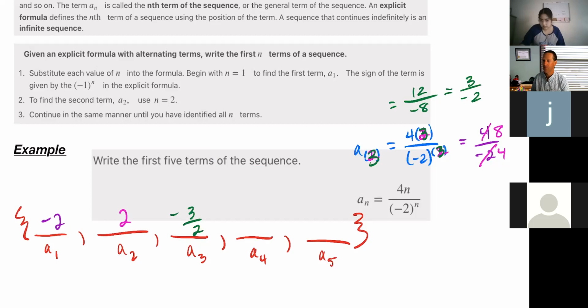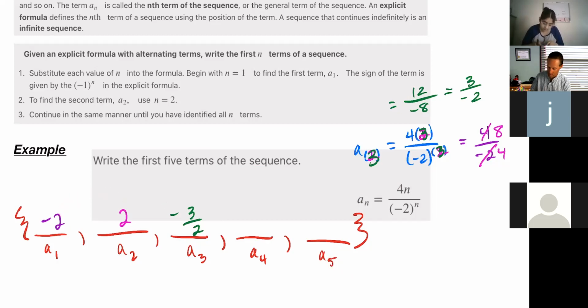Now that doesn't look like a very obvious or nice pattern, so guess what I'm going to do? I'm just going to plug in 4 there, there, and there to get my A4. And then I'll do the same thing for A5, because this doesn't look very good.